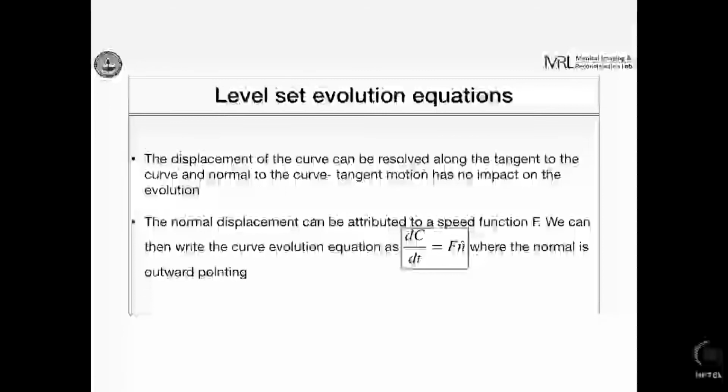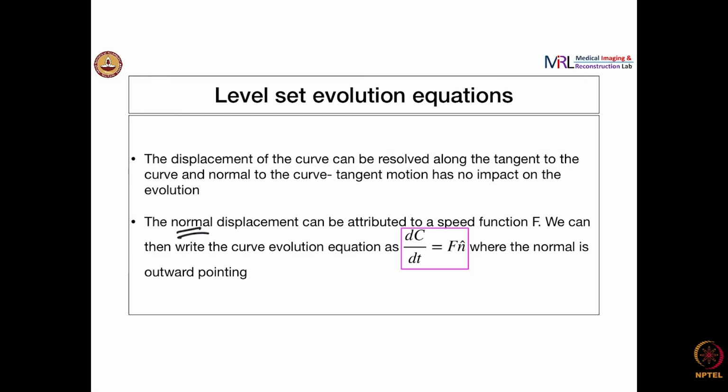We typically attribute the normal displacement to some speed function f, and we can write the curve evolution equation as dC by dt equal to f times n cap, where n is the outward pointing, or in some cases inward pointing, normal.